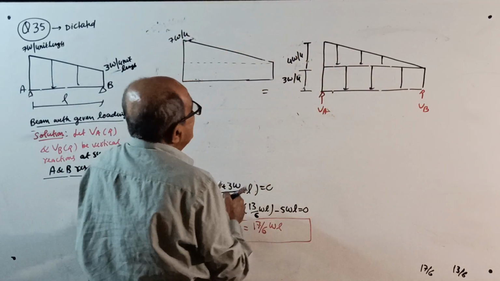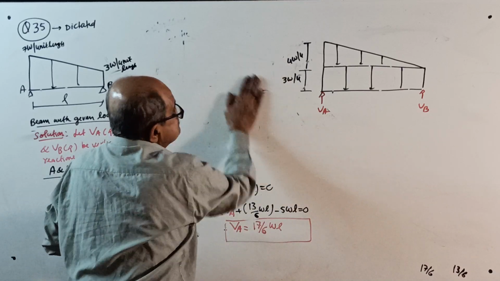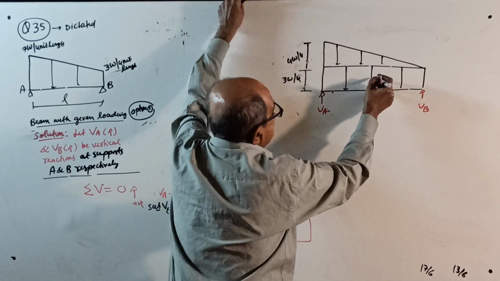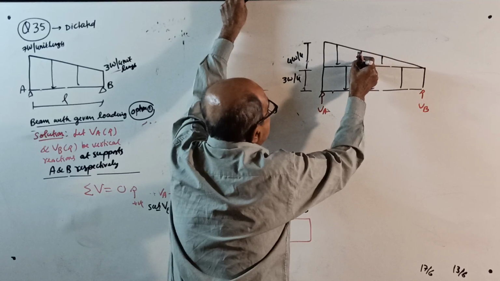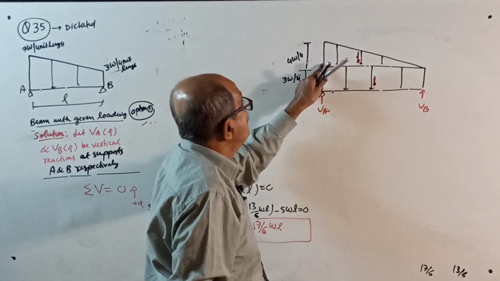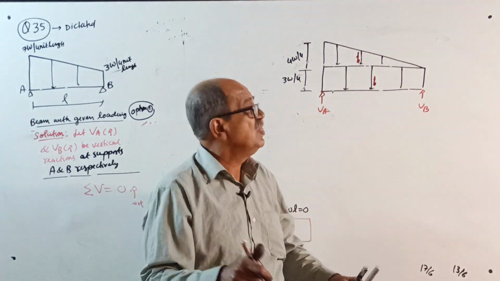If that is not clear, not fit for education. Now, start. This load will act at the center. This will be at 1 by 3 from here. But next question, remember, it will go this way. Instead of 1 by 3, it will be 2 by 3. That I will mention.